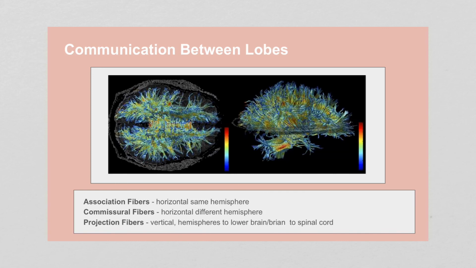It's all staying in the same hemisphere. If information's traveling this way, it's called a commissural fiber, because the information's going in different hemispheres. And if the information is traveling from the superior to the inferior portions of the brain, they are called projection fibers.